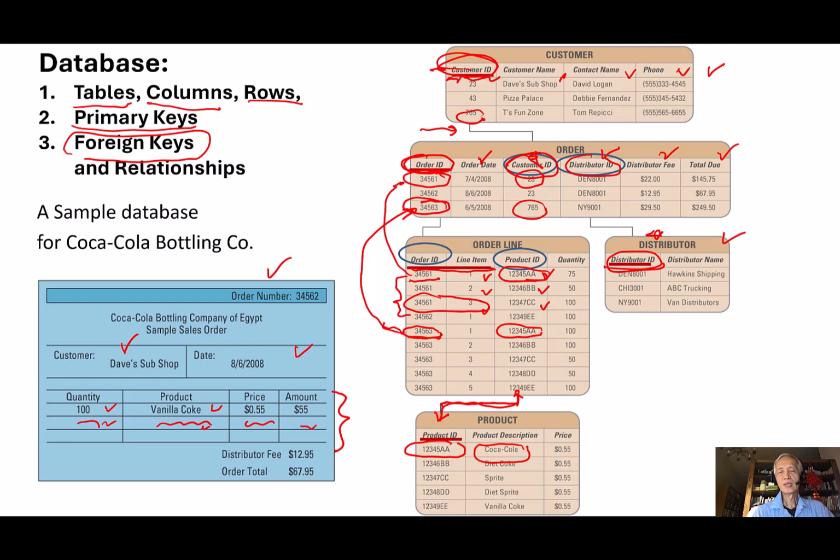Okay, and order ID, which is part of the primary key, in this particular case is also a foreign key, pointing back to the order table where the order ID serves as a primary key. So this partial primary key in the order line is also a foreign key.